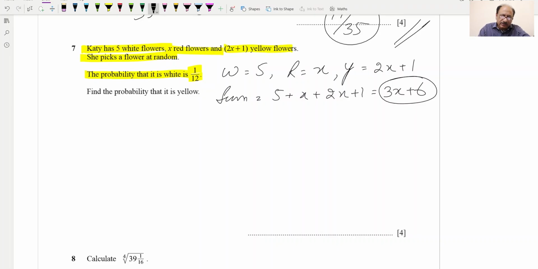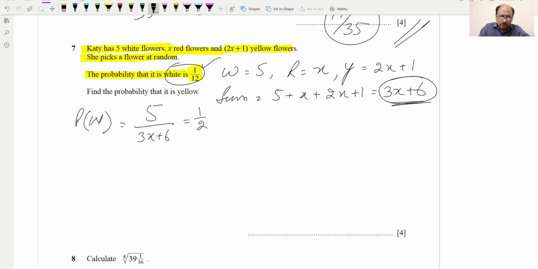So the probability of white is 1 by 12. We can write probability of white, which is basically 5, since white flowers are 5, out of this total, which is 3x plus 6, is given as 1 over 12. So our equation will be this one.